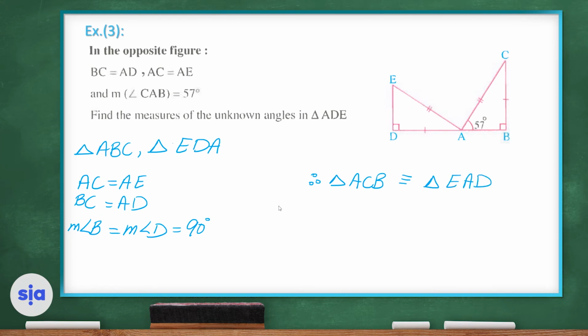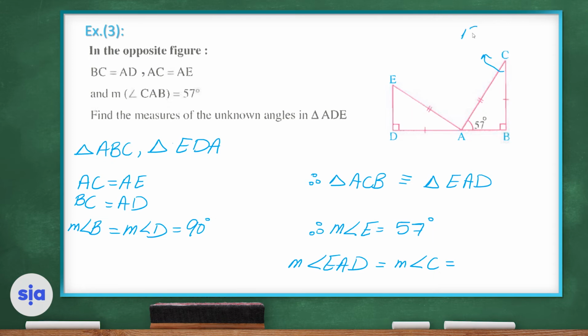Then, to find the measures of the unknown angles in triangle ADE, you will see that the measure of angle E is the same as the measure of angle A in the other triangle, which is 57 degrees, where also the measure of angle EAD is equal to the measure of angle C. And how do we get the measure of angle C?